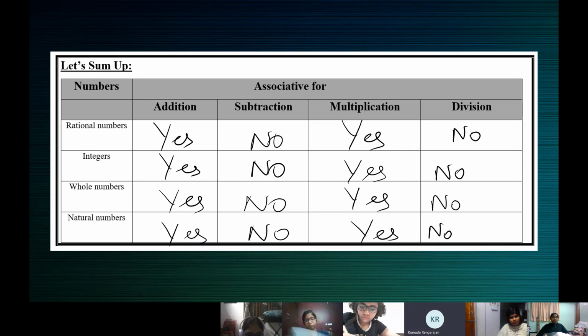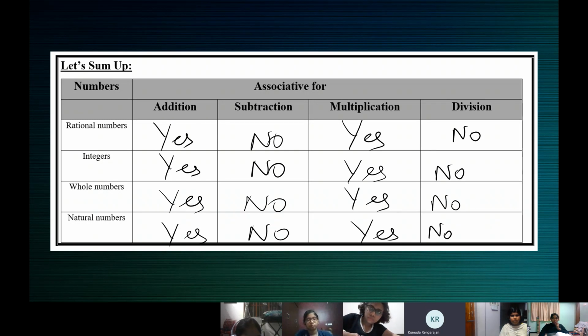Whatever be the number, rational, integer, whole number, natural number, for all the four, the associative property holds good for addition and multiplication, not for subtraction and division.